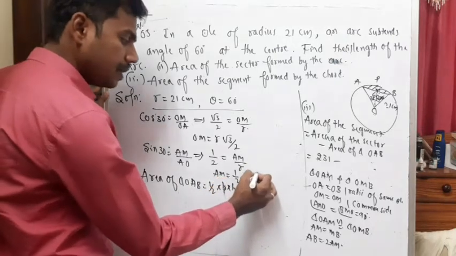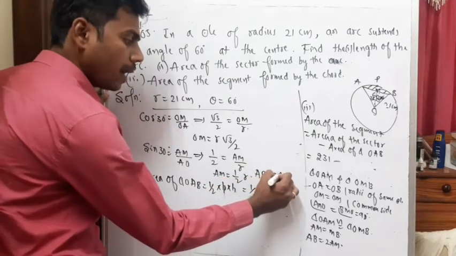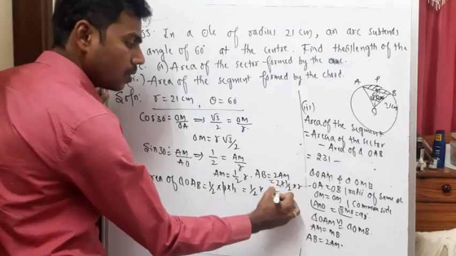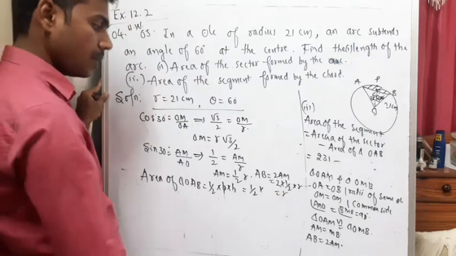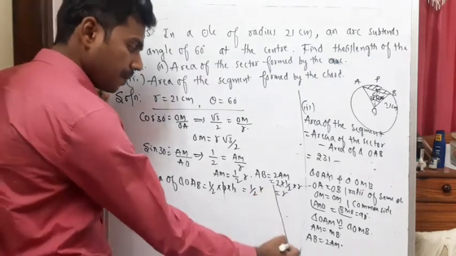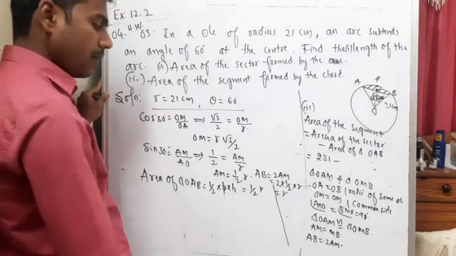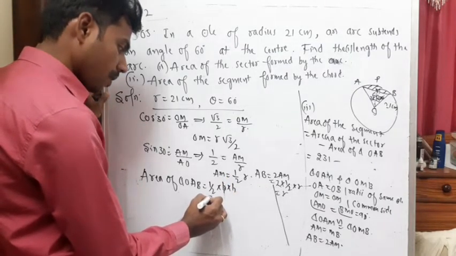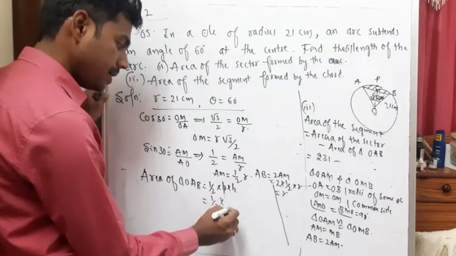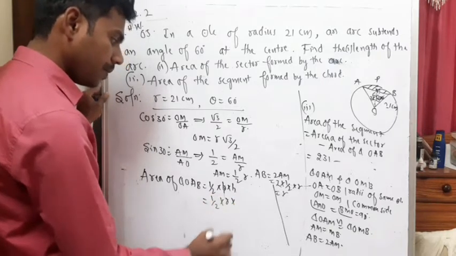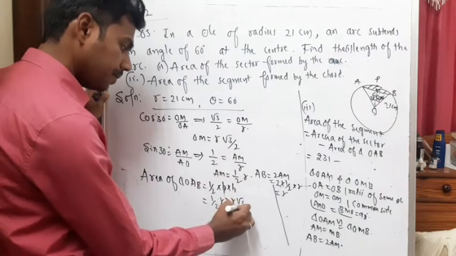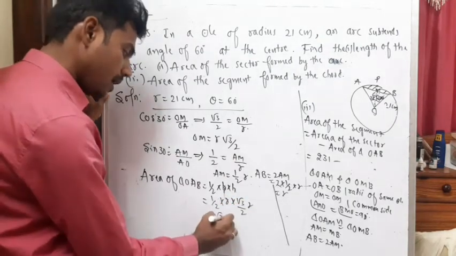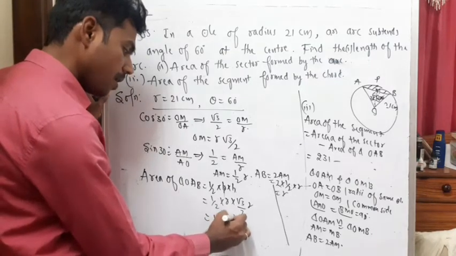So AB is equal to 2 times AM, which is equal to 2 into 1 by 2 into R, which is equal to R. AB is equal to R. So what we can write? Half into base R into height root 3 by 2 R. We can write it as root 3 divided by 4 R square.